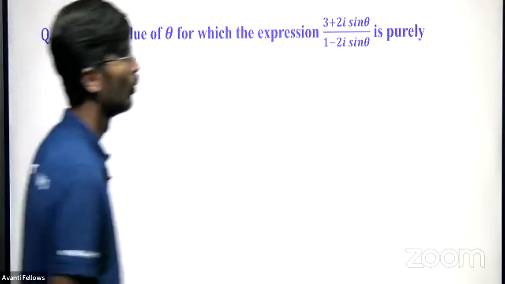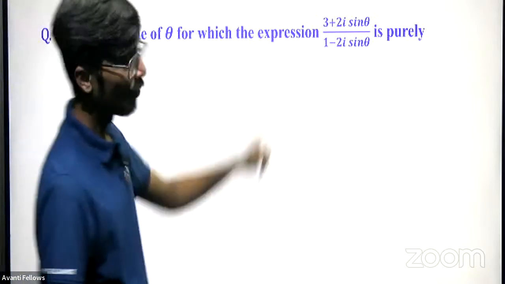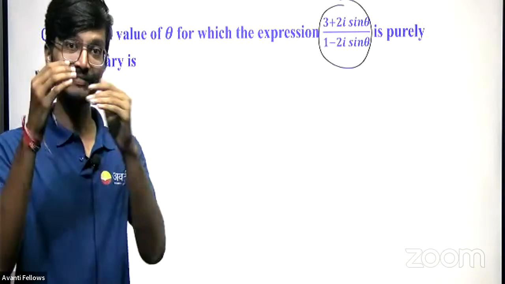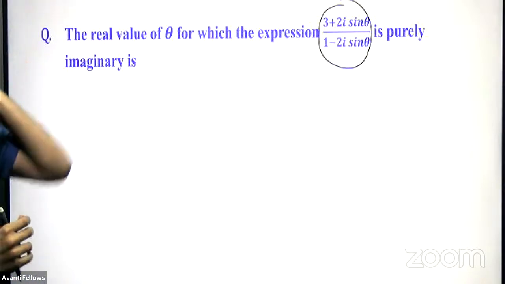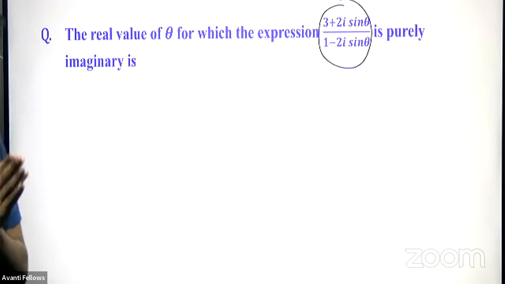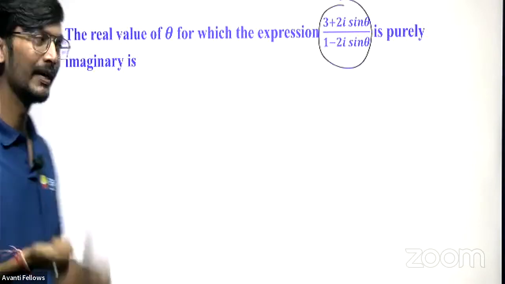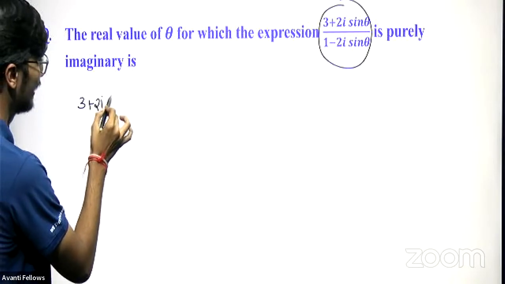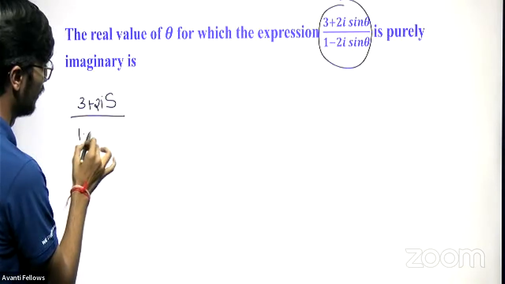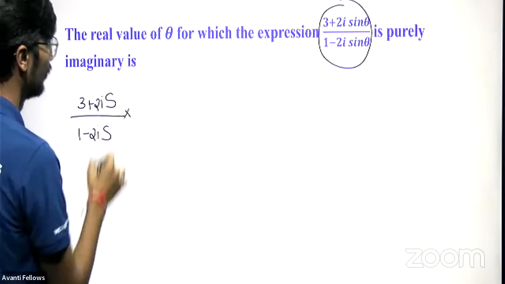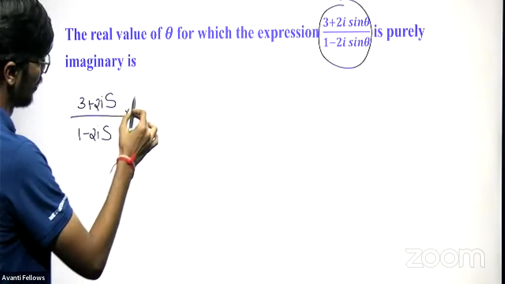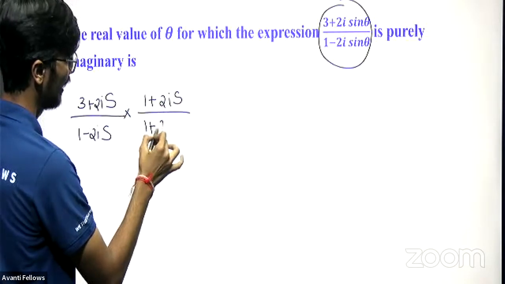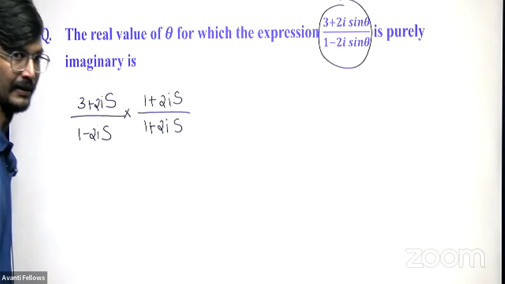Now, see this closely. Again, the complex number given to us is in division form. Two complex numbers are getting divided. This means we have to multiply and divide by the conjugate. Simple. So I'll get (3 plus 2i sine theta) upon (1 minus 2i sine theta), into, what is the conjugate? (1 plus 2i sine theta) upon (1 plus 2i sine theta).